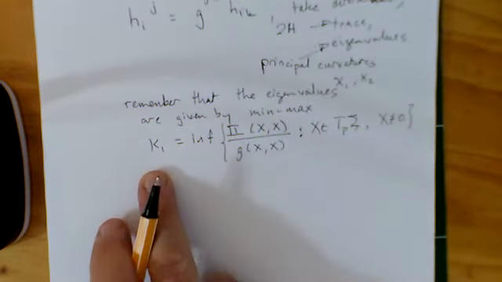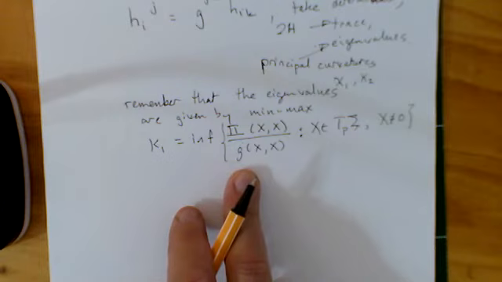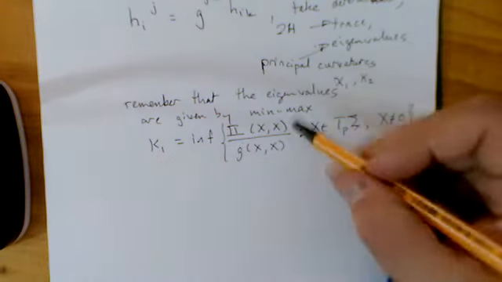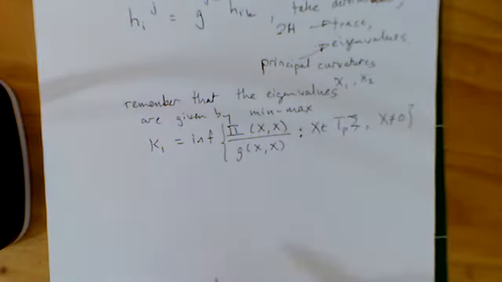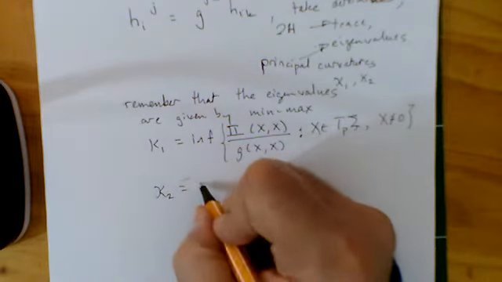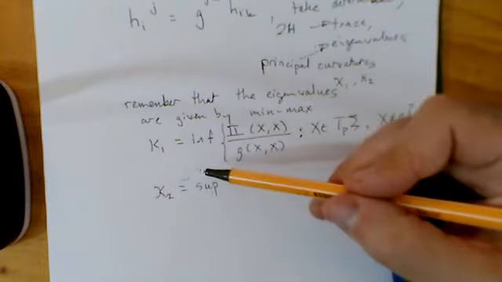So I can write the smaller of my two principal curvatures as this infimum of the ratio of these two symmetric bilinear forms, and then the larger I write as the supremum. And I do this essentially because I have really two directions.